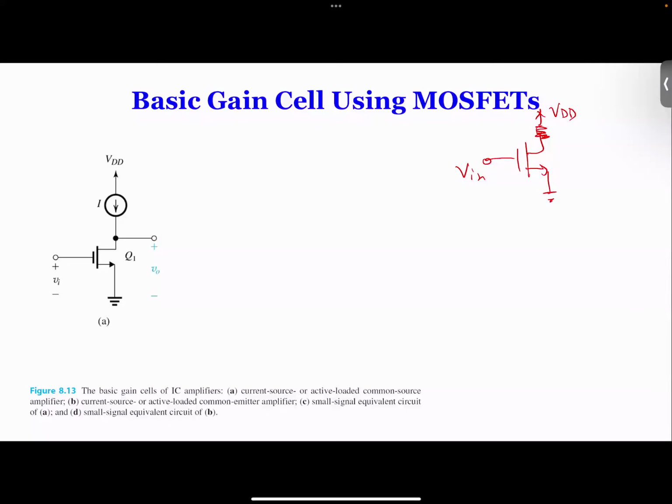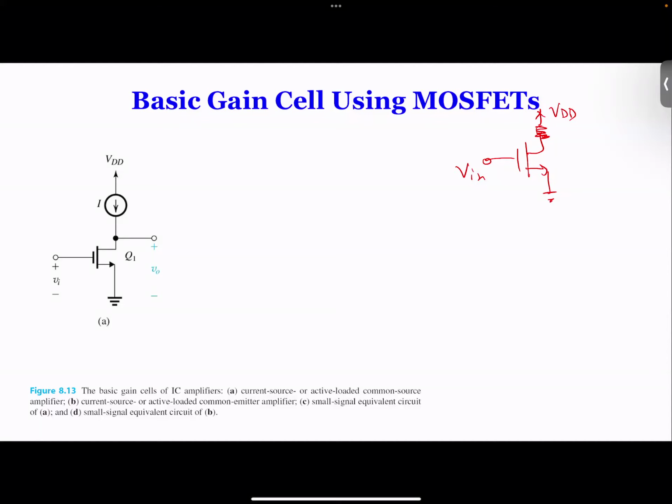So we ground the source, we supply VDD, we use a resistance to bias the MOSFET, and then we input at the gate. The resistance that we set is not good for biasing. So now we replace that with the current source. So this circuit becomes this circuit.